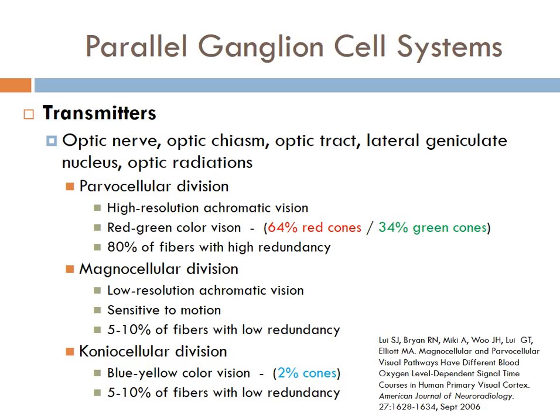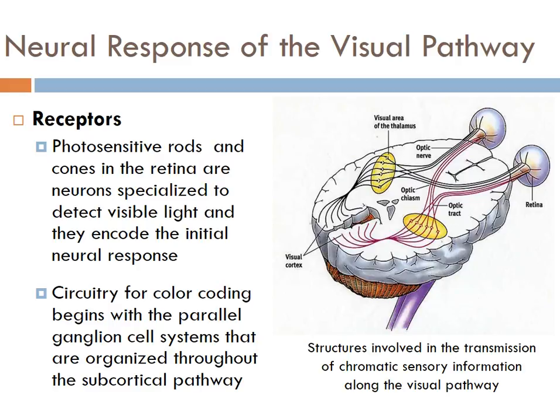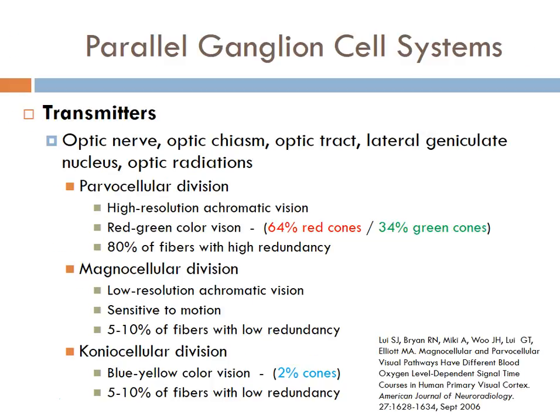So our parallel ganglion cell system. We talked about the neural response of the visual pathway. It starts with the receptors. Then it goes to the transmitters: the optic nerve, chiasm, and tract, and so on.